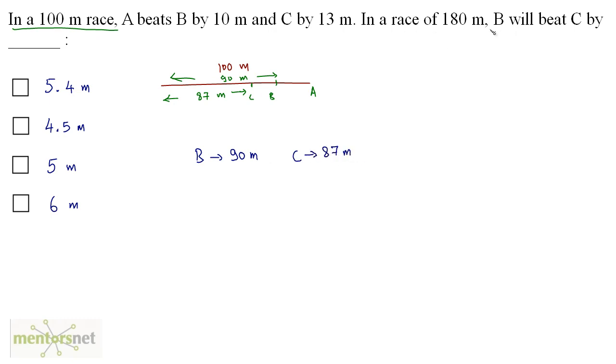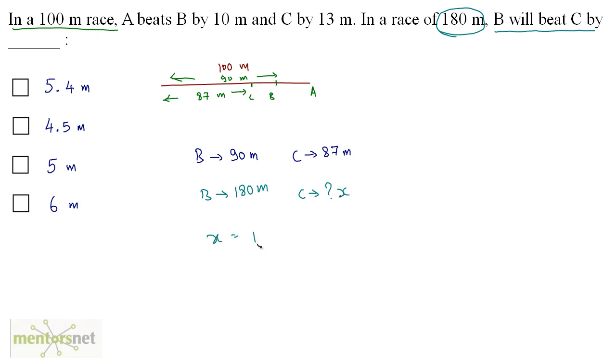We have been asked by how much distance B will beat C if the race is of 180 meters. That means what will be the distance covered by C when B has traveled 180 meters. From this we can calculate the difference between the distance traveled by B and by C. So let us cross multiply. Let this be x.